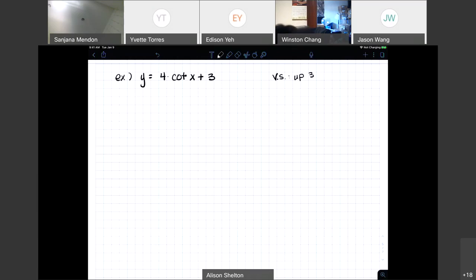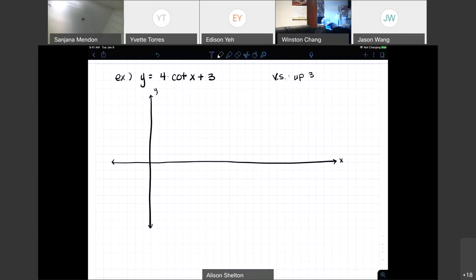So we're going to go ahead and get started with drawing our x and y axis. This is my 1 right here. So 2, 3. We're going to do a vertical shift up 3. I'm just going to go ahead and make my dotted line there.